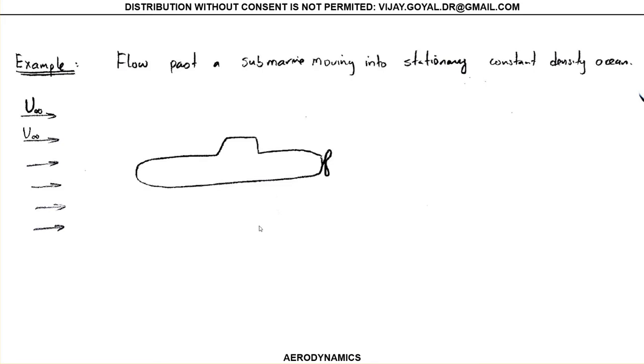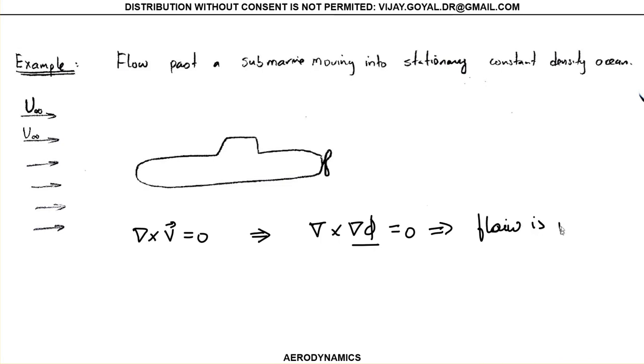In other words, the rate of change of my vorticity with time is also 0. What do I mean by that? I mean that if I take the gradient of the velocity, that's going to be 0, meaning it's possible to write the velocity as a gradient of a scalar function. This will imply that the flow is irrotational.